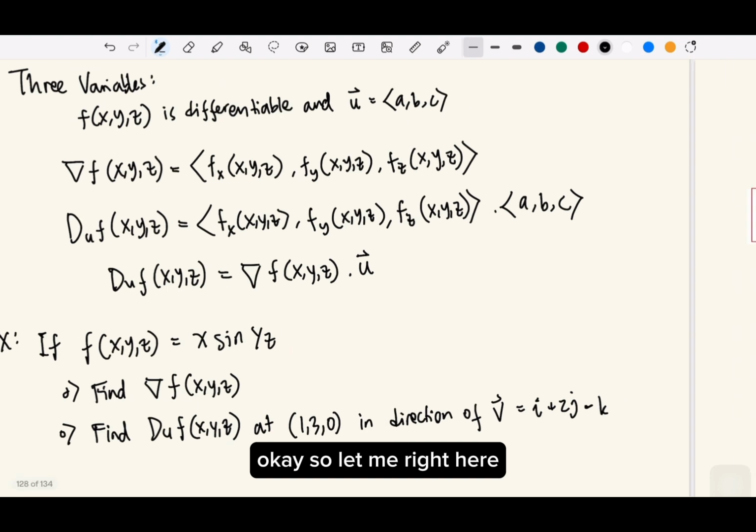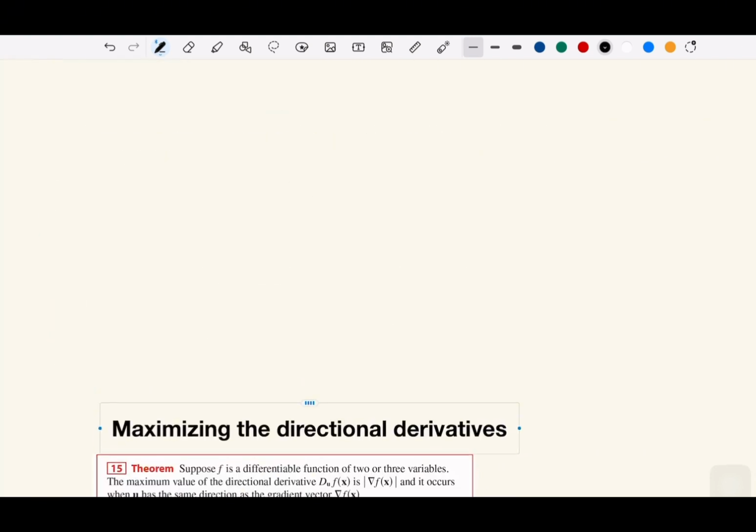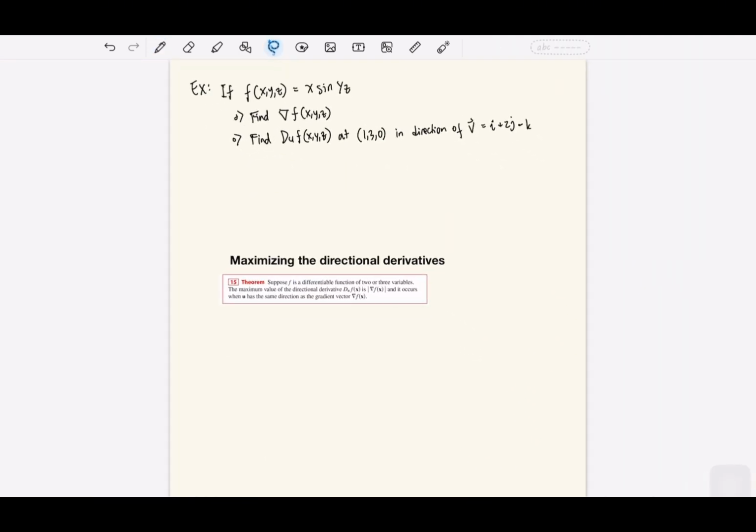Let me copy the expression here. Okay, that's the same.